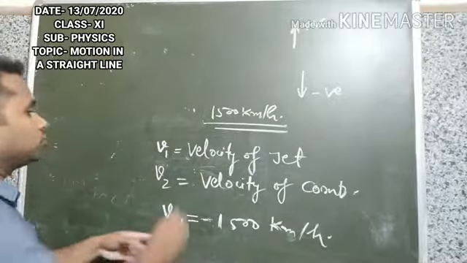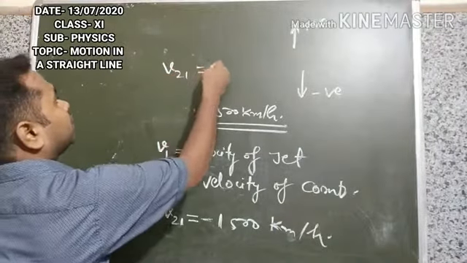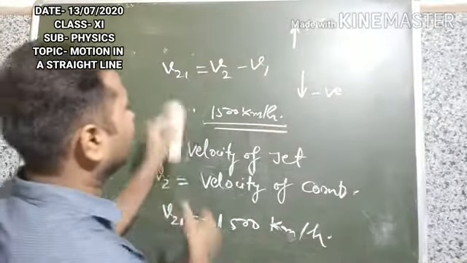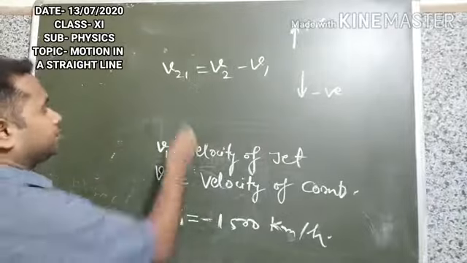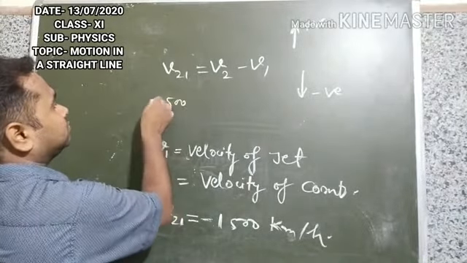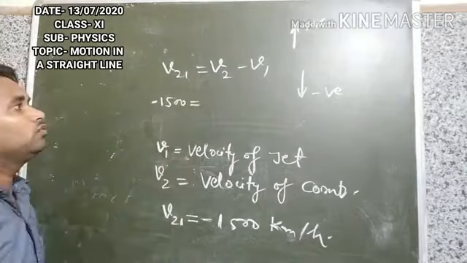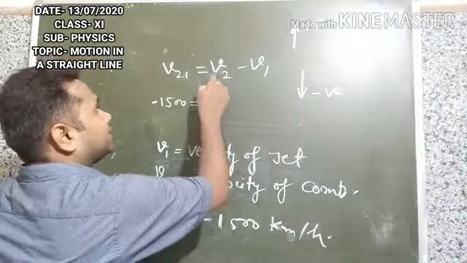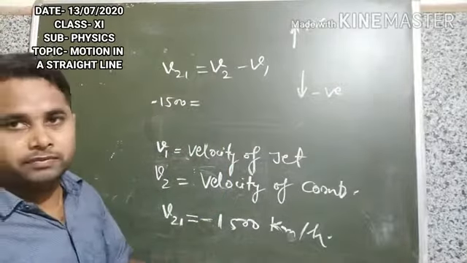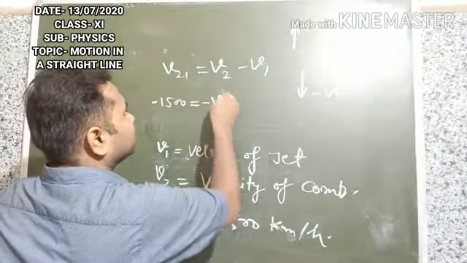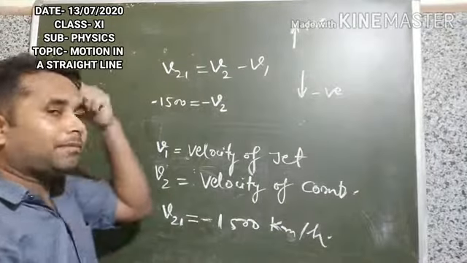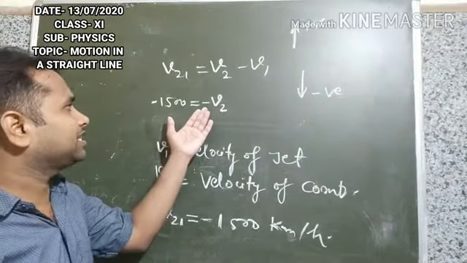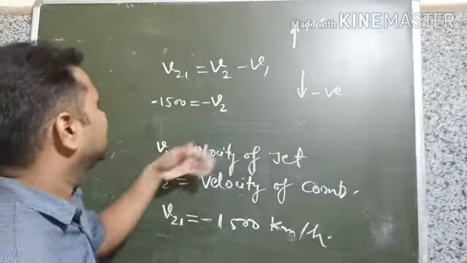What is the formula of V21? V21 equals V2 minus V1. And V21 is minus 1500. V2 means the actual velocity of the product of combustion. It is also going downward, so we put minus V2. If you don't put minus here, the answer will come out negative, and if I take minus at the start, it will come out positive. So let's see what the answer sign is.